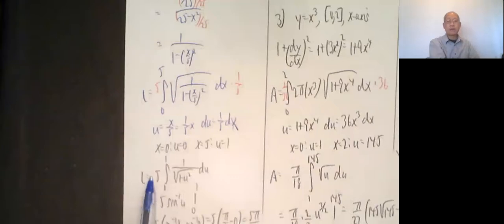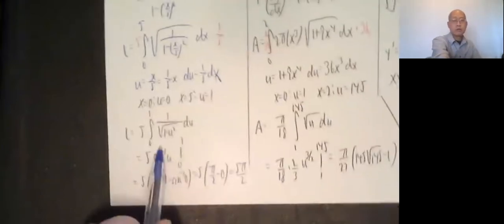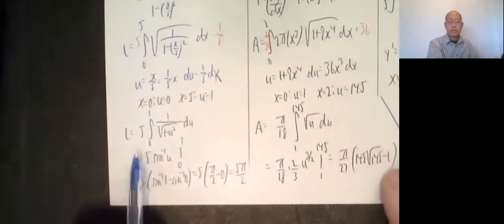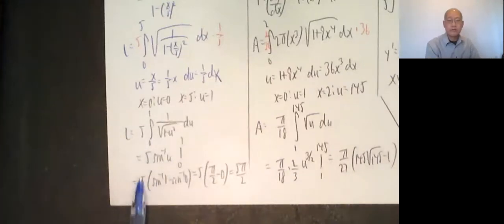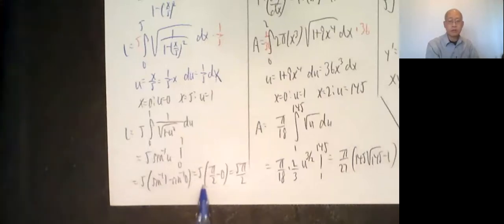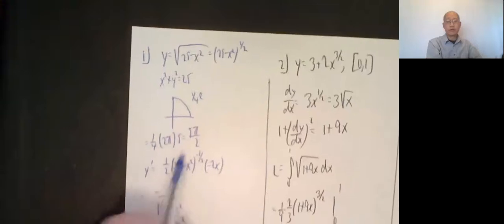So I now have 5 times the integral from 0 to 1 of 1 over radical 1 minus u squared du. So that's 5 times inverse sine of u from 0 to 1, which is 5 times inverse sine of 1 minus inverse sine of 0. Inverse sine of 1 is pi over 2, inverse sine of 0 is 0. Final answer is 5 times pi over 2, and that's 5 pi over 2, and that's what we got way back over here, 5 pi over 2.